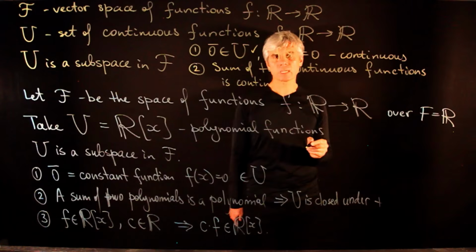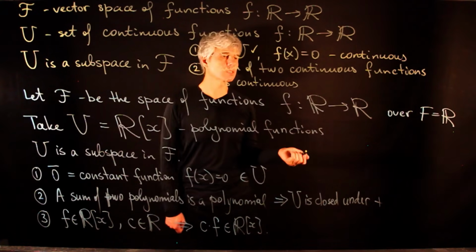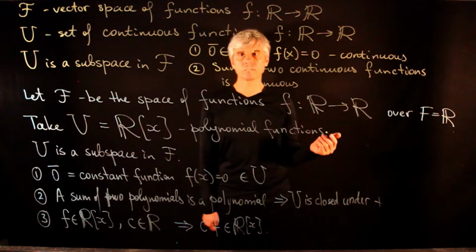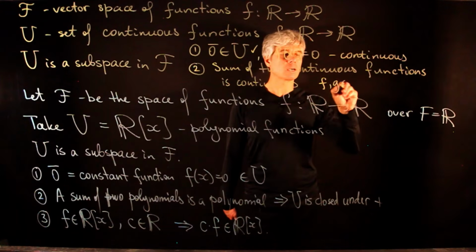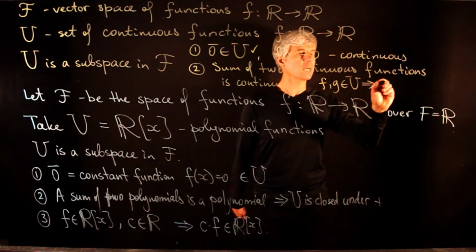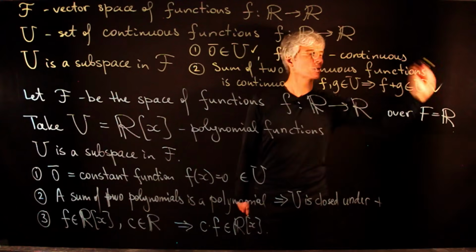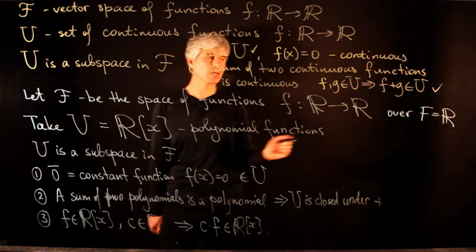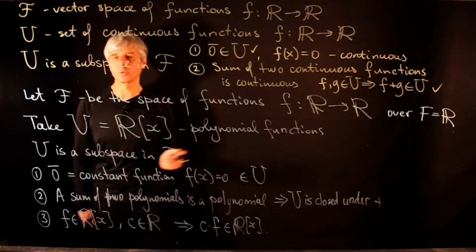So if f is a continuous function and g is a continuous function, then f plus g is a continuous function. And so this implies that if f and g are in U, then f plus g is also in U. And so the second property of a subspace also holds.